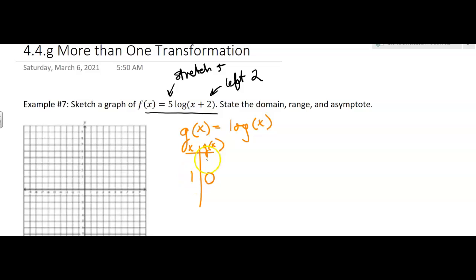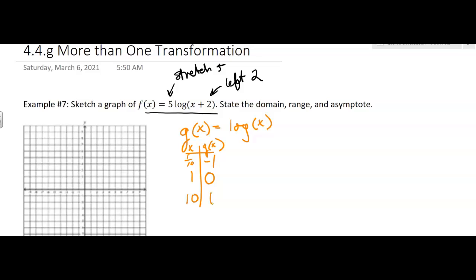And then I'm going to think about, well, if I had a -1 output, what would that mean? It would mean 1/10, right? The reciprocal of the base, which is a common log, so the base was 10. And then I'm going to have (10, 1), right? Okay, so that key point.